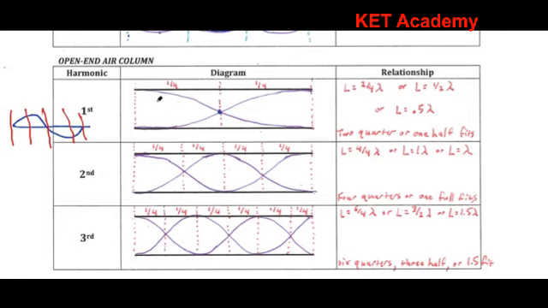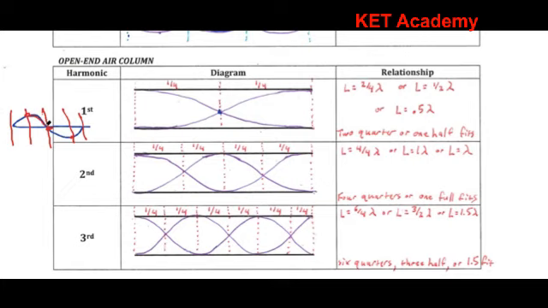So basically what we have going on here is we start on a node. Sorry, I think I said it started on a node. We're starting on an antinode, my mistake, and then we're going through a node, and we're coming back down to another antinode there.